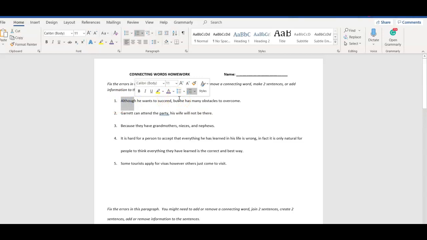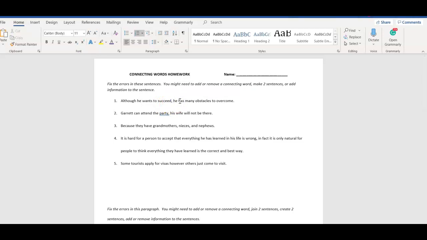It's possible to use two connecting words, however, they must each have the correct number of clauses. And with although, we need two parts of our sentence, okay? So we can either use although and remove but, or we could remove although and use but. Okay, so we could say he wants to succeed, but he has many obstacles to overcome, or although he wants to succeed, he has many obstacles to overcome.